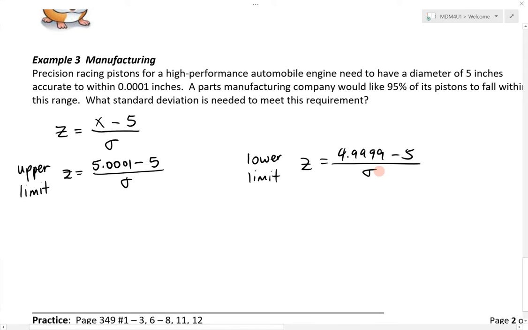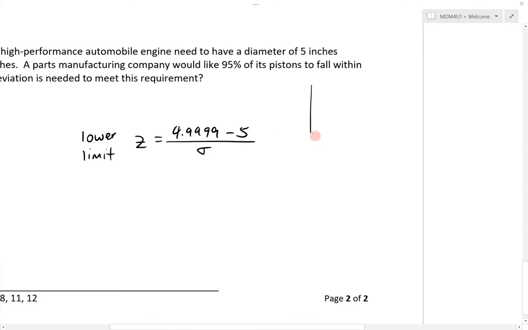Okay, so if you want 95% of your pistons to fall within the range, here's your normal distribution, you want 95%, so it has to be within some range, right? This whole thing right here. So what will your limits be? That's an interesting question.